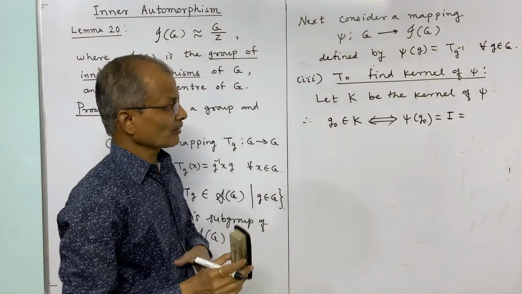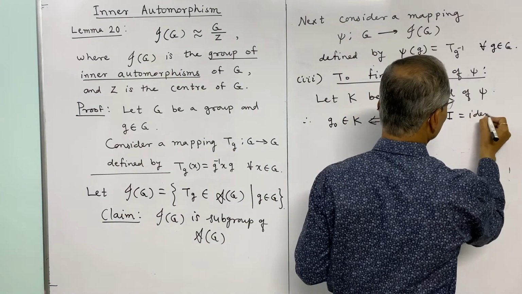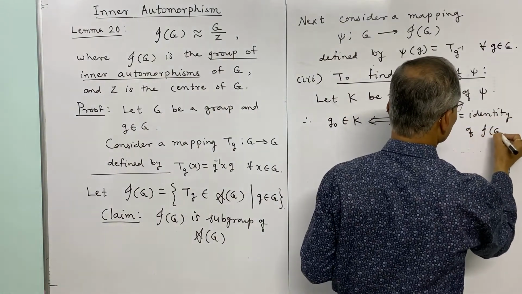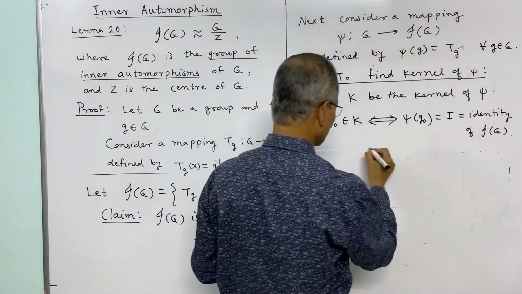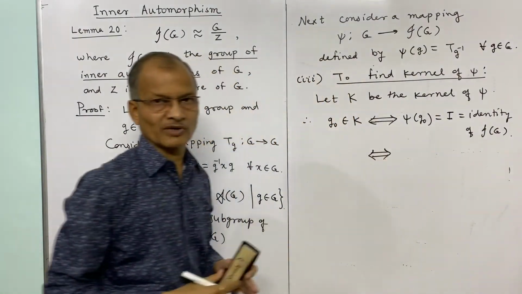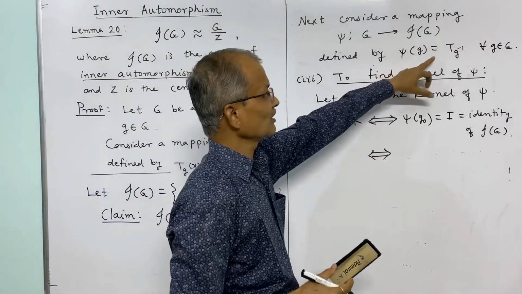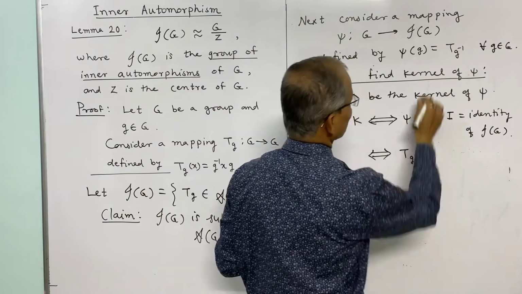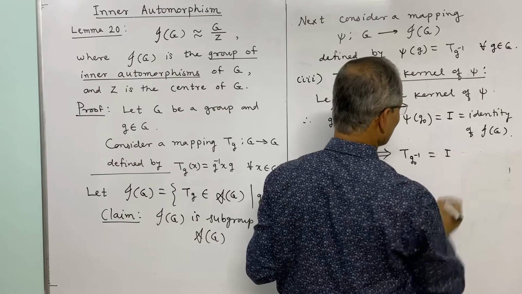The identity of the inner automorphism group is the identity mapping, so I is the identity of Ig. And thus this implies further, double implication we are writing, so what is psi of g0? By this definition, it is T g0 inverse. T g0 inverse is equal to I, the identity mapping.